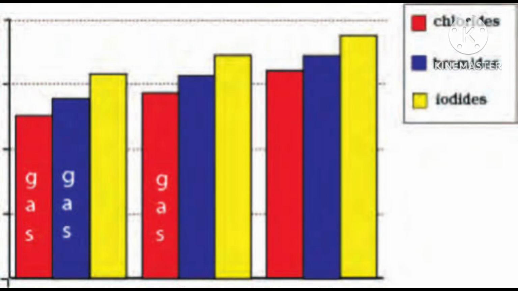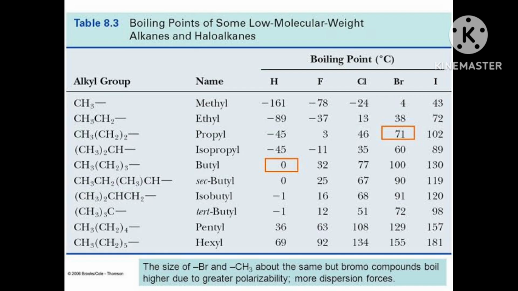Now next I am telling you CH2Cl2. Now 2 chlorines are attached to carbon. Its density is 1.336. And next is CHCl3. Now 3 chlorines are attached, and the density is 1.489, more.